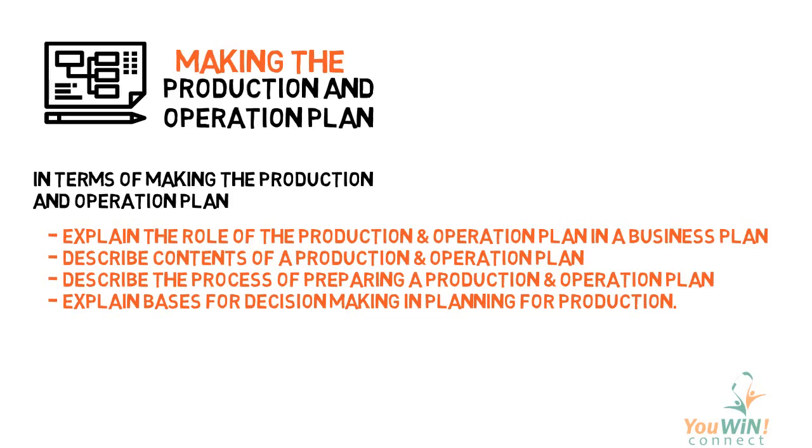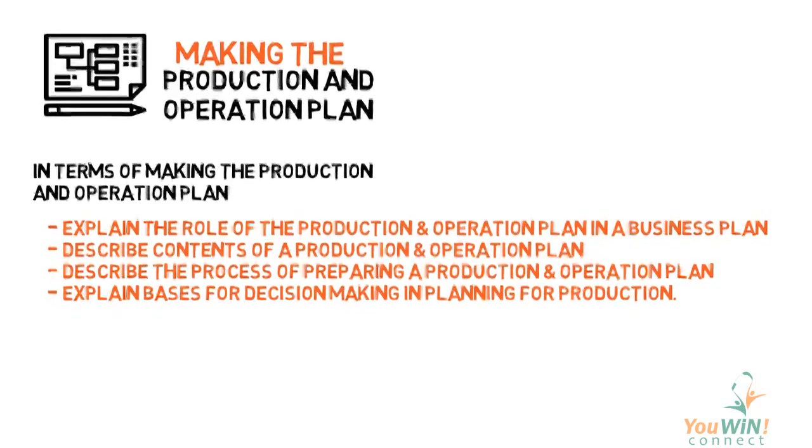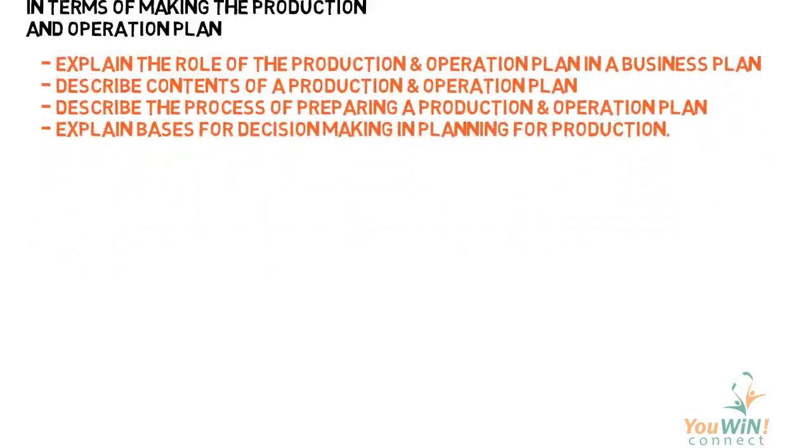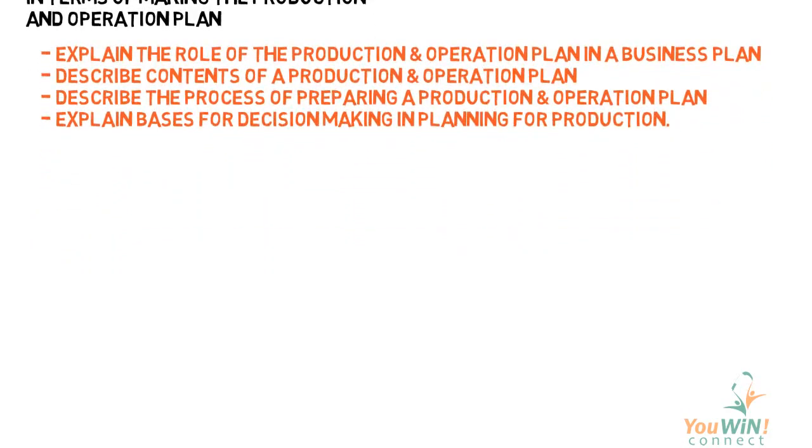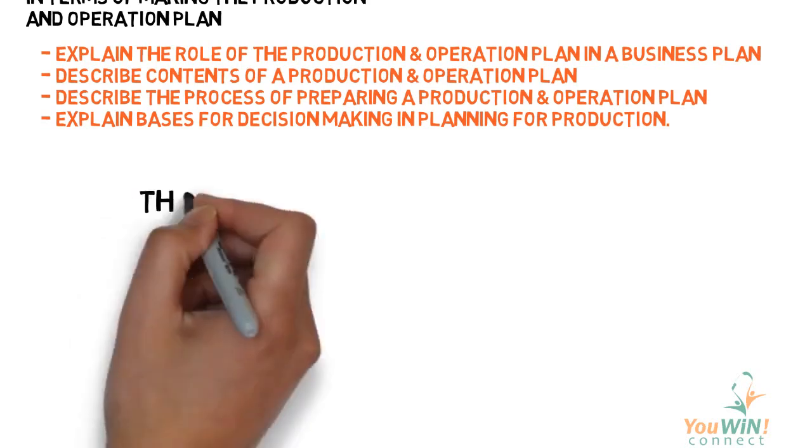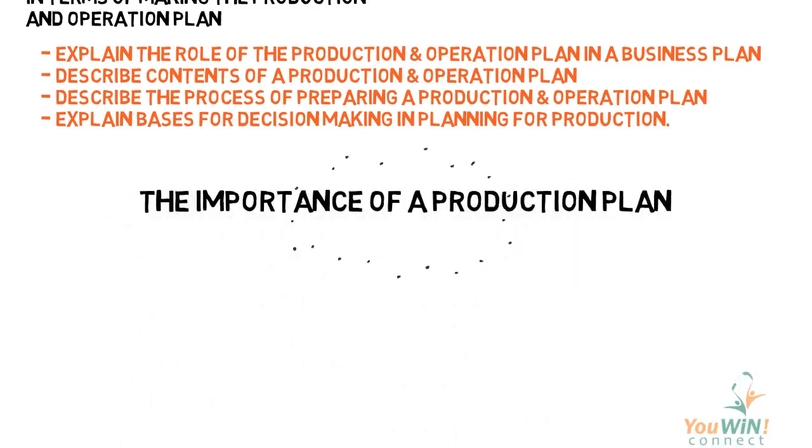In terms of content, we'll look at the role of the production or operations plan in the business plan, the components of the operations plan, and also the process of operation and production plan making. The first question to ask here is, what is the importance of a production plan?